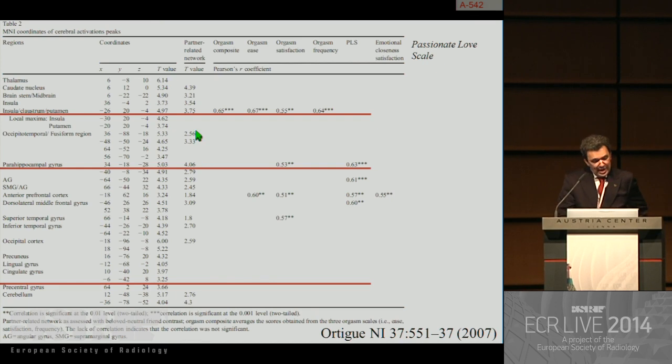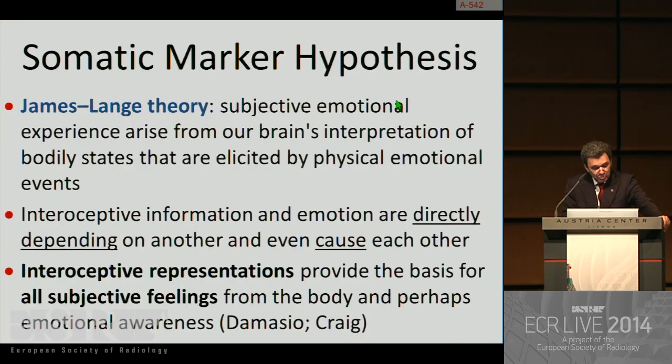Then they looked at these scores and the various parts of the brain, and again it was around the insula and the putamen where you have the strongest relationships. From that, on the so-called passionate love scale, they concluded that there is an overlap between the two networks.